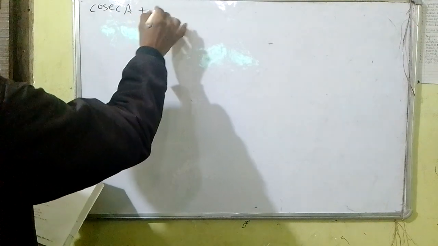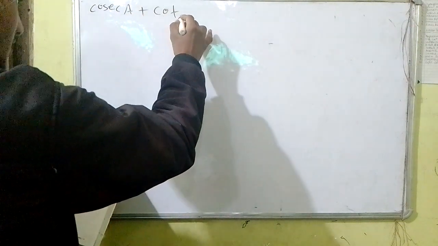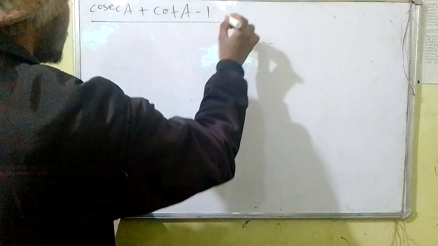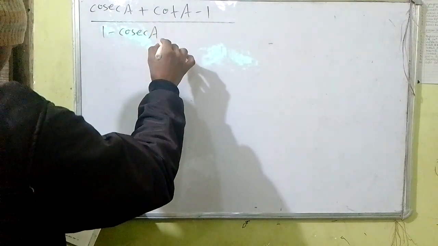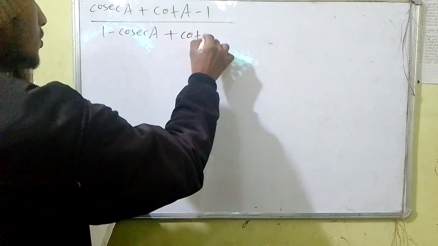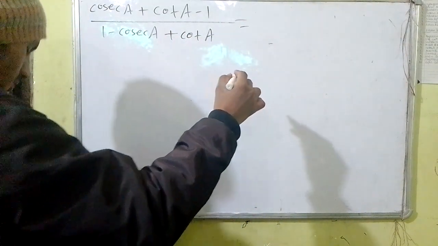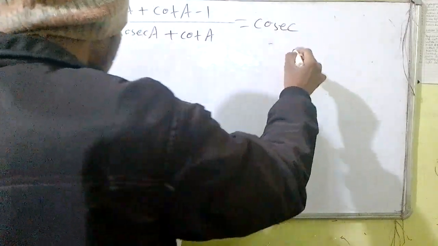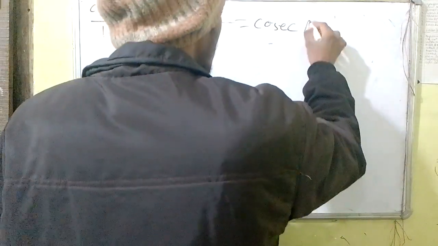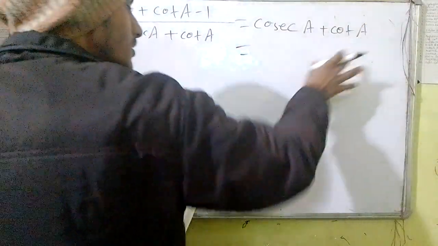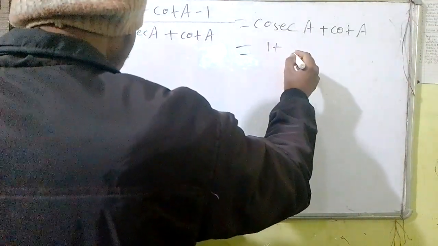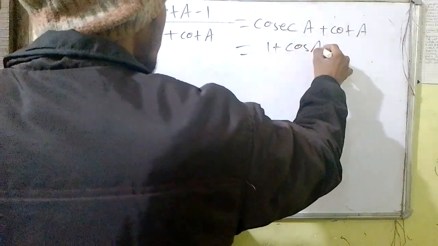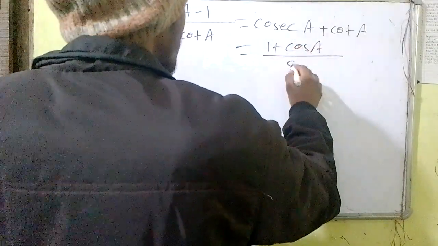Cosecant A plus cotangent A minus 1 divided by 1 minus cosecant A plus cotangent A. Okay, so this is equal to, so we're going to have three sides here, cosecant A plus cotangent A. There is also another equal sign, another equality sign, and another side is 1 plus cosine A divided by sine A.